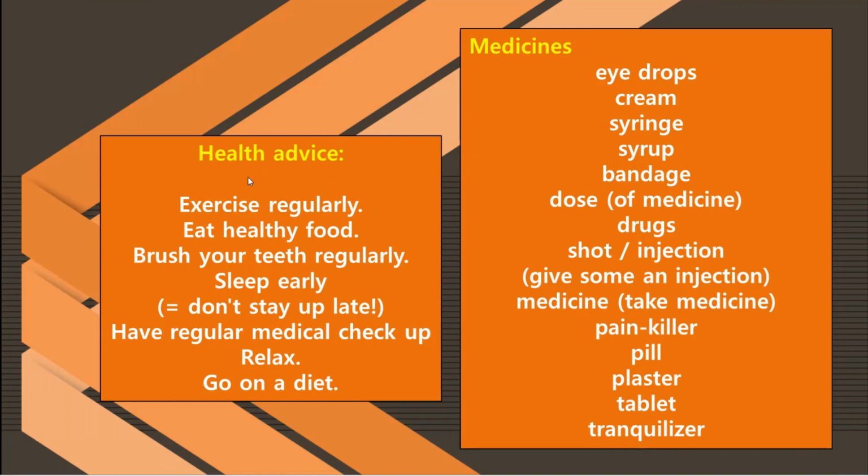We'll have some vocabulary on health advice like exercise regularly, and then eat healthy food, brush your teeth regularly, sleep early, and then don't stay up late. Okay, this is sleep early, it means don't stay up late. And then have regular medical check-up, relax, and go on a diet. Okay, this is some of the health advice.